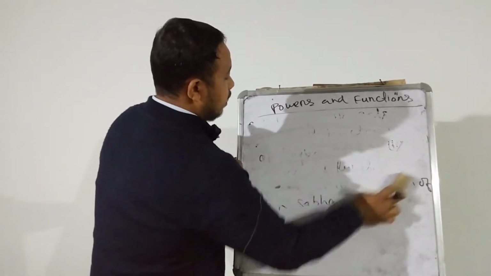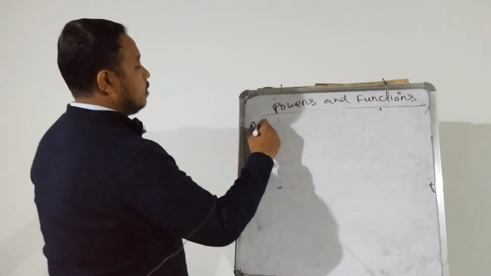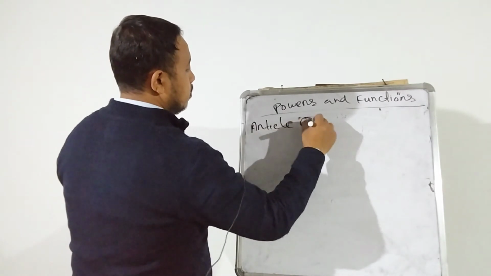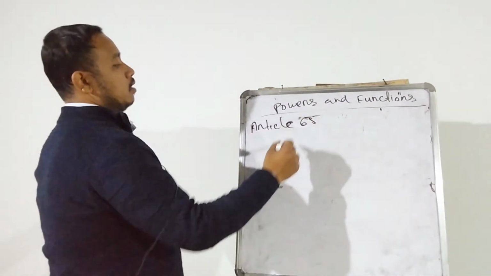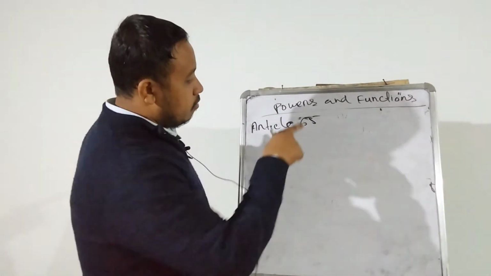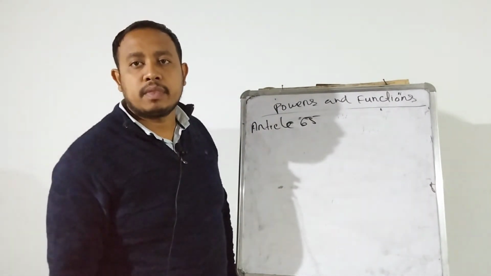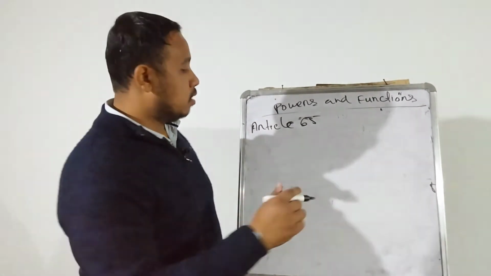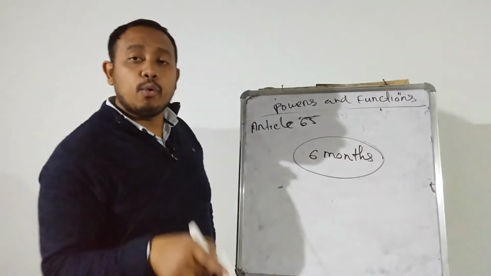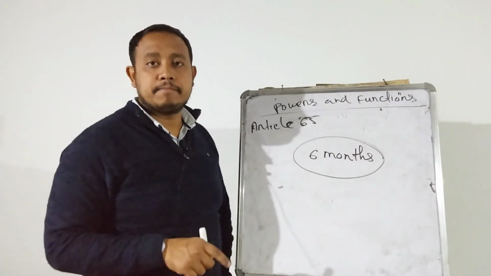According to Article 65 of the Indian Constitution, in the absence of the President of India, the Vice President acts as the President of India. The maximum period is 6 months, and within 6 months a new President must be elected.